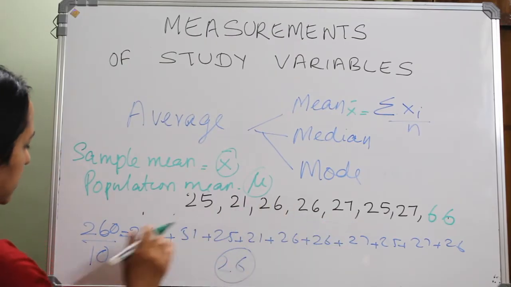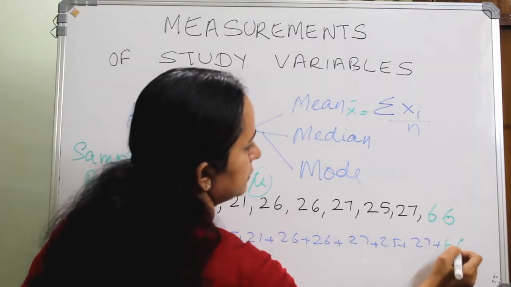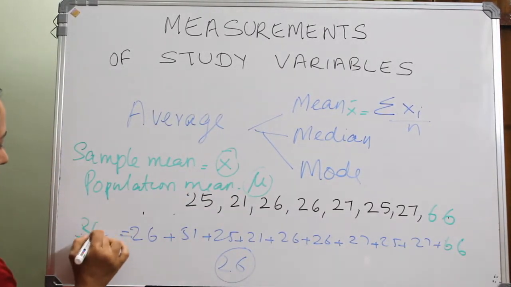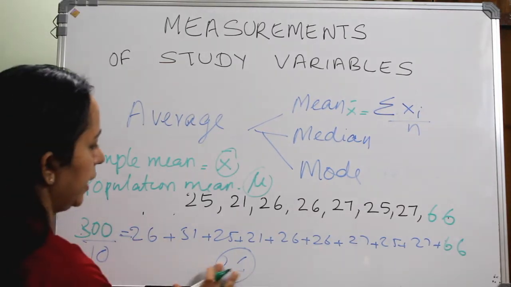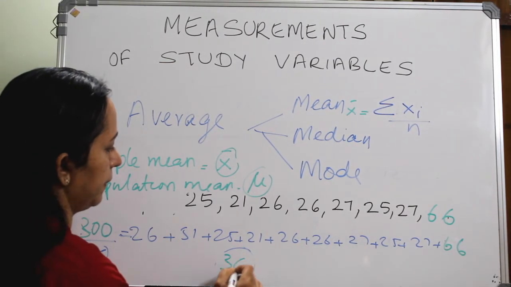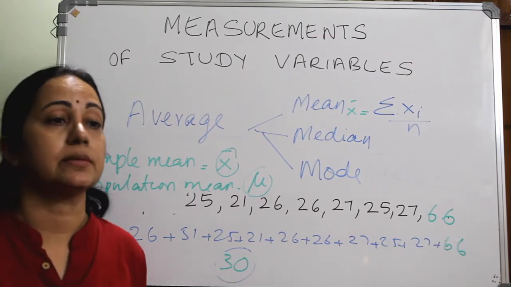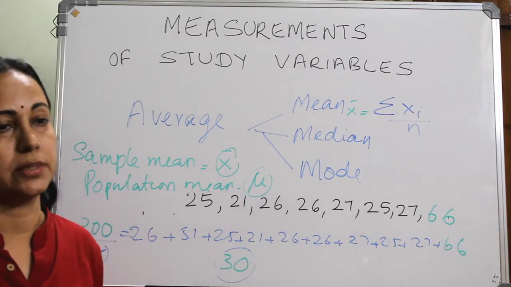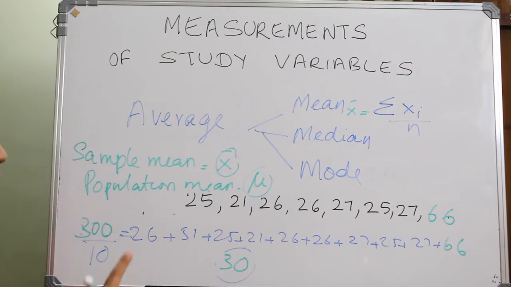So if we calculate here, the whole thing will become 300 divided by 10. So the mean age will become 30. So this mean is affected by extremes of value if they are present. That is one disadvantage of calculating this mean. Okay, so that is how you have to calculate the mean, important.